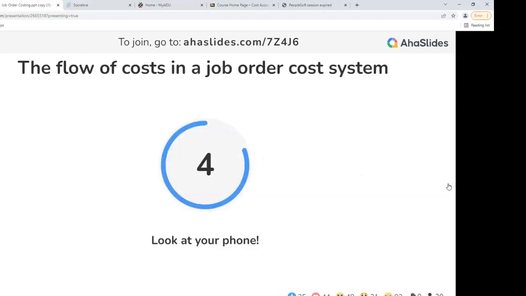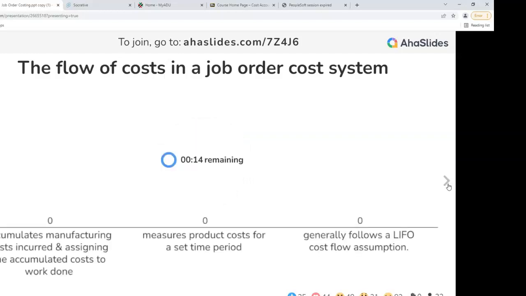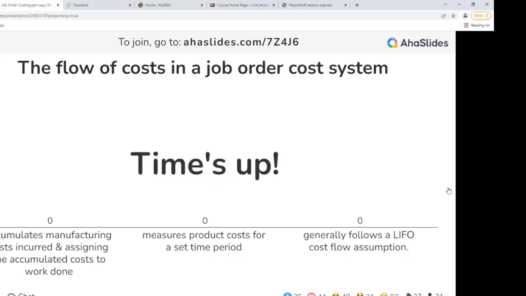Okay. The flow of cost in a job order costing system accumulates manufacturing costs incurred and assigning the accumulated cost of work done. Measures costs, product costs for a set period of time. That's not job order. Generally follows LIFO.